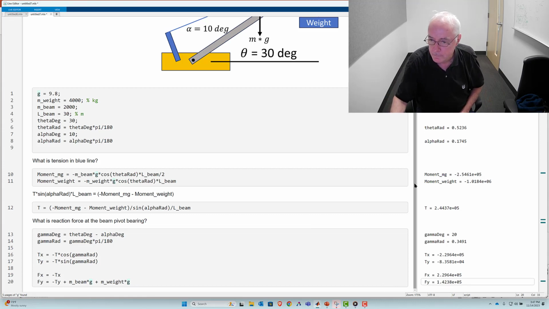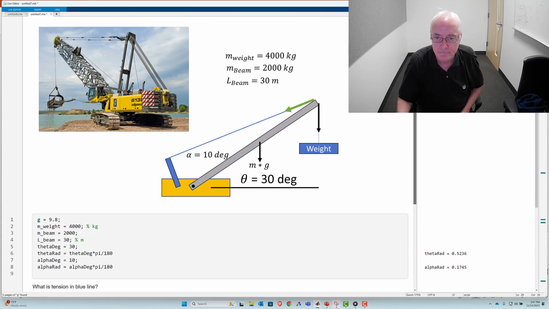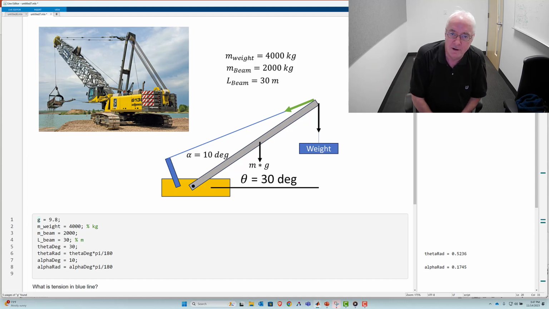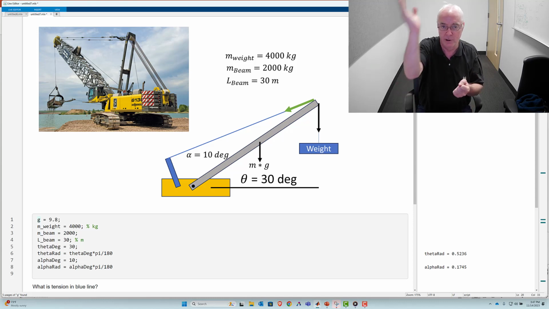I think that pretty much wraps up this problem. What I think is cool about this, and I'll probably do a video on this sometime in the near future, is I'll build this in Simscape Multibody, and through Simulink we'll simulate the overall system. We'll also look at how we can reproduce this result, but we can also do that dynamic calculation and figure out what those forces are going to be as you winch in that blue line and bring that pivot up.